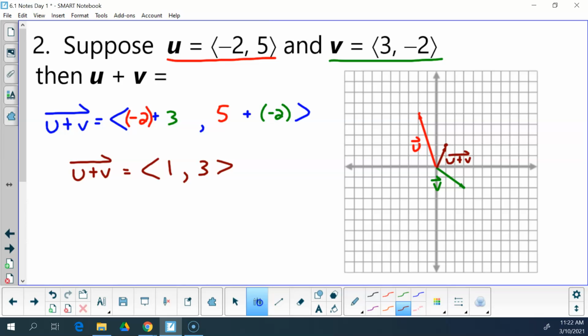Now, here's the cool thing. Watch a little mathematics trickery. If I went head to tail, oops, I went off by 1. Duh, Linz, come on, you're better than that. Here I was all excited, and I only went 2.